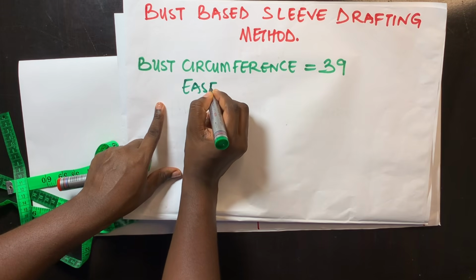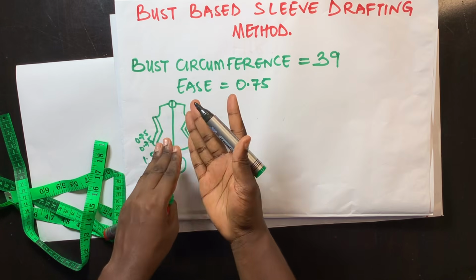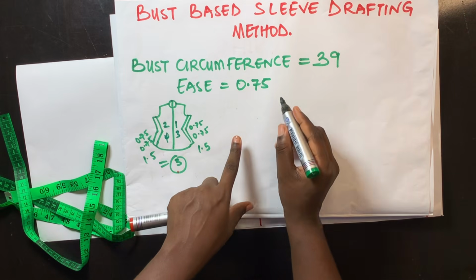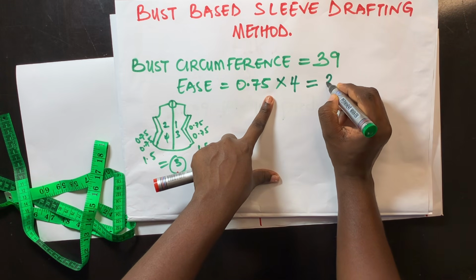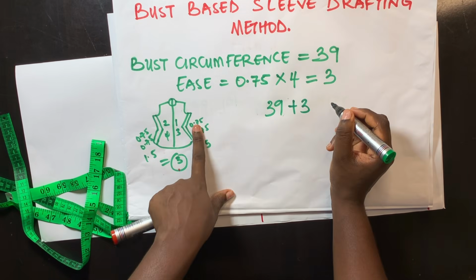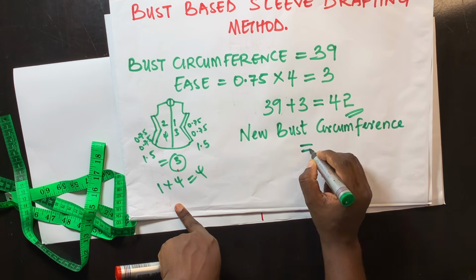The ease that I added is 0.75. Yours might be 1. Yours might be 1.5. Just write it out. And since our body is divided into 4 parts, 1, 2, 3, and 4, I'm going to multiply that ease by 4. So 0.75 times 4 gives me 3 inches. I'm going to add that, 39 plus 3 inches, which gives me 42 inches. So my new bust circumference measurement is 42.